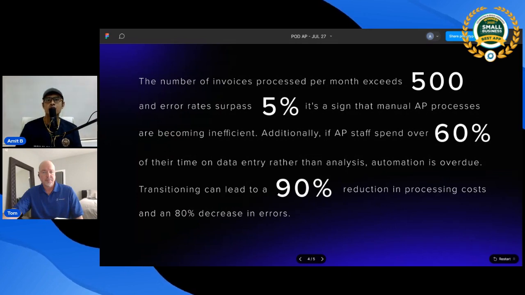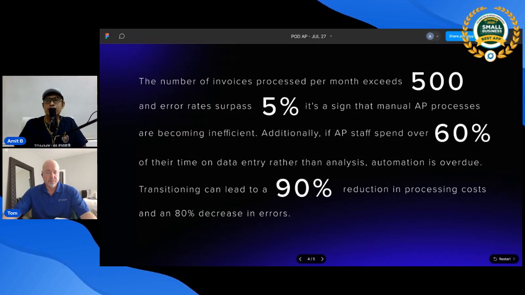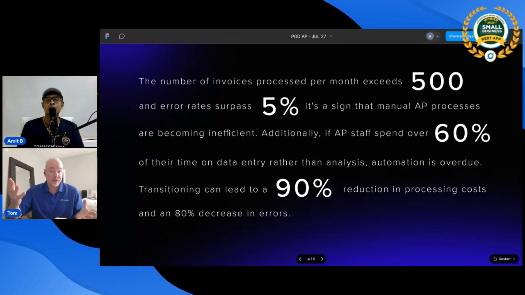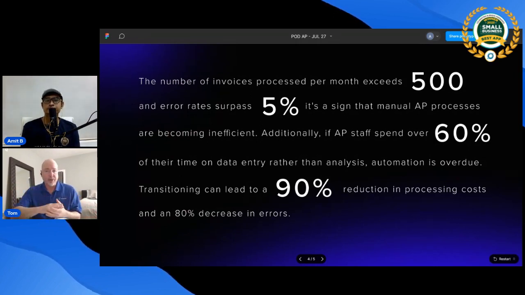Right. What are some potential pitfalls or challenges companies might encounter during the transition from manual to automated accounts payable processes, and how can they be mitigated? Yeah, so what we hear a lot as far as the hurdles is obviously resistance to change, because they're set in their ways and think it's the most efficient.